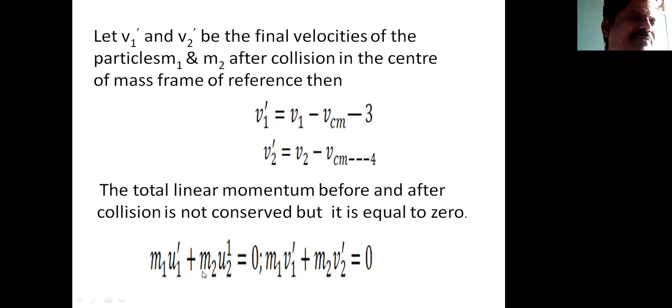M1 U1 dash plus M2 U2 dash equals 0, and M1 V1 dash plus M2 V2 dash equals 0. So this is the linear momentum of those two particles in the center of mass frame of reference before collision, equal to 0. And this is the linear momentum of those two particles in the center of mass frame of reference after collision.